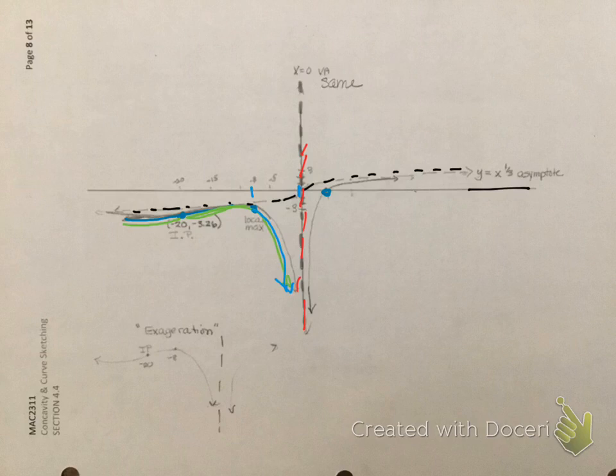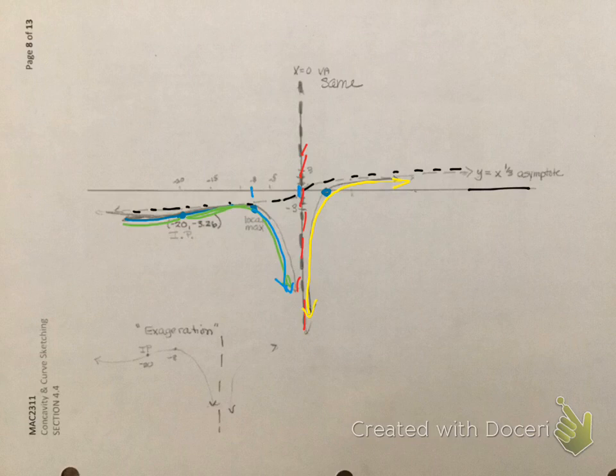After that, my first derivative number line tells me that from 0 to positive infinity I am increasing. And my second derivative number line tells me that I'm also concave down from 0 to positive infinity. So I have to be concave down and increasing the rest of the way.